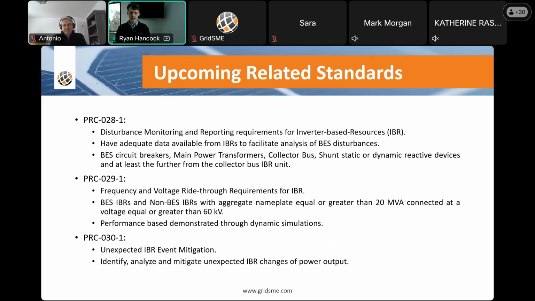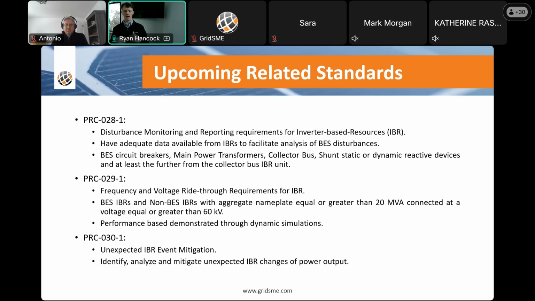And then lastly, we have PRC-030, which is specifically an evaluation of unplanned changes of power output. That can be things that are outside of our control, like if it suddenly is less sunny, or suddenly the wind cuts off in a period that we expected wind to be coming through.